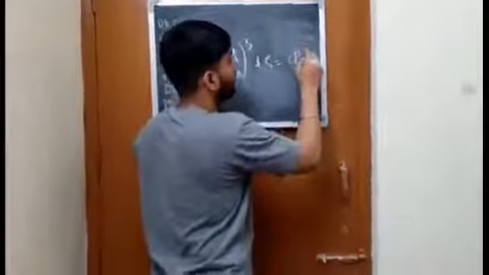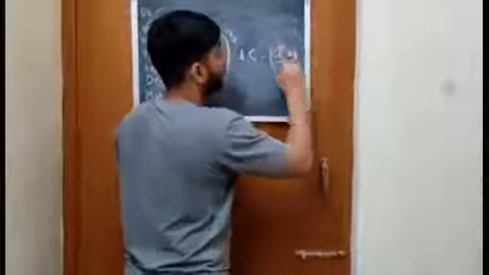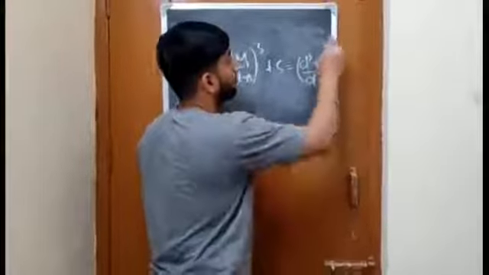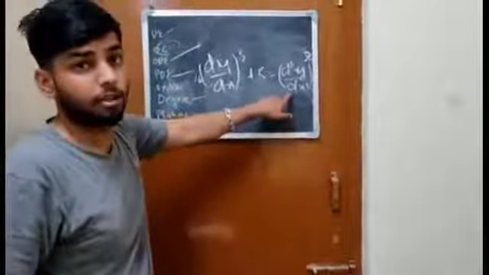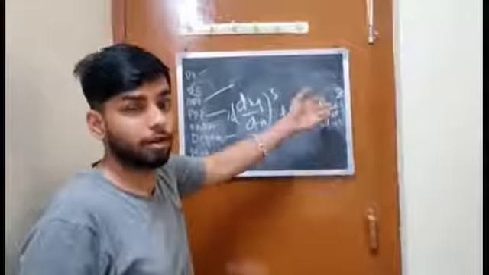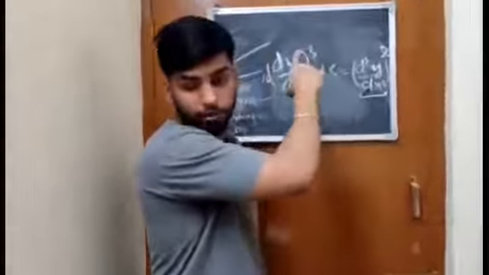By squaring both sides, we get the highest power of the highest order derivative. This is the degree, and this is how we find the order and degree of the differential equation.